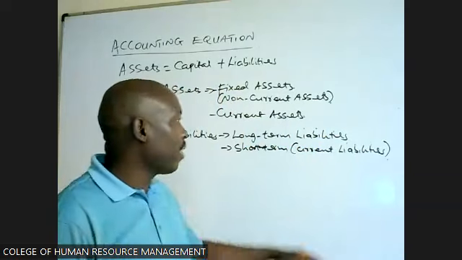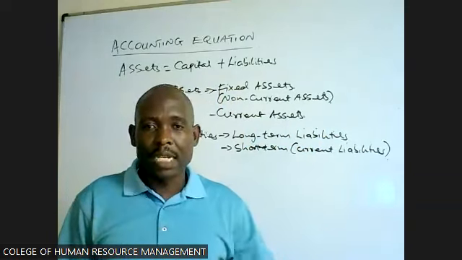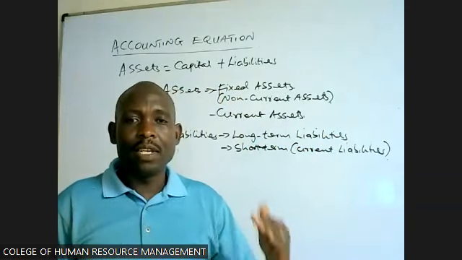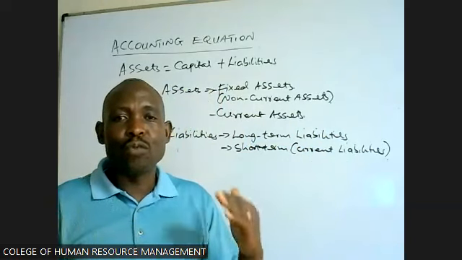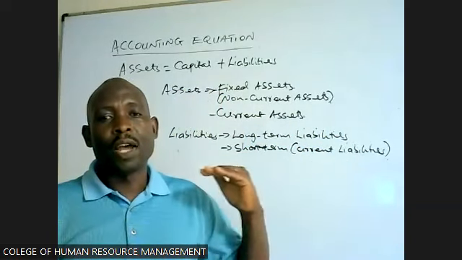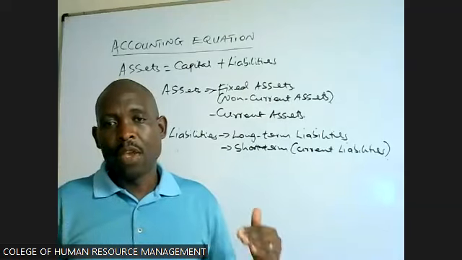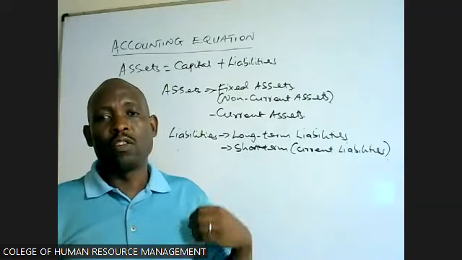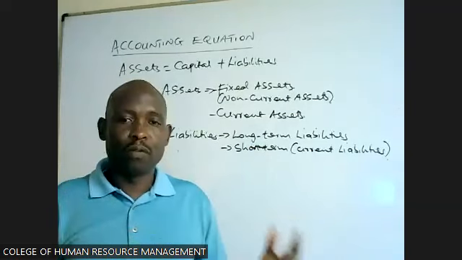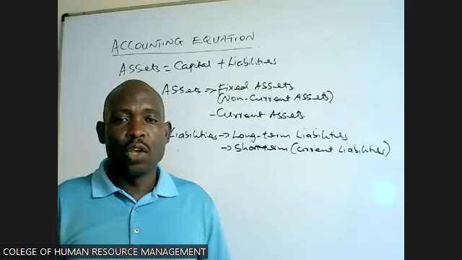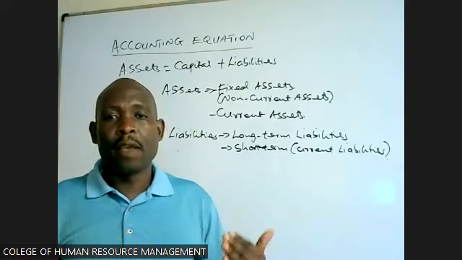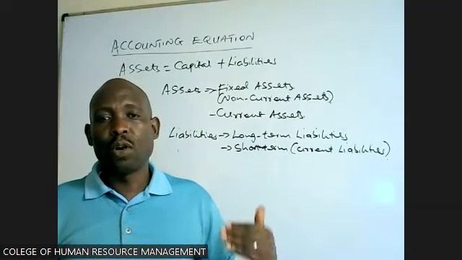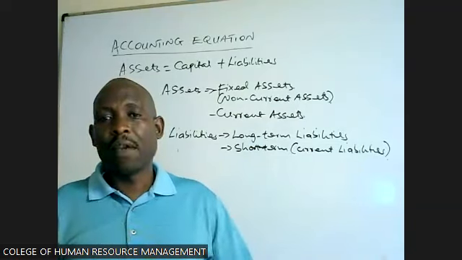Therefore, when we say that a liability is a long-term liability, this simply means that it is that business debt that we are going to repay after a long period of time. Yes, it is a debt, but that debt is repayable after a long period of time, e.g. the bank loan. You can go and acquire a 5-year loan, meaning that you are going to clear that loan after 5 years.